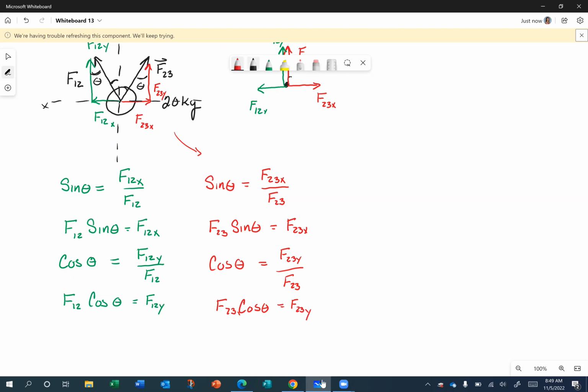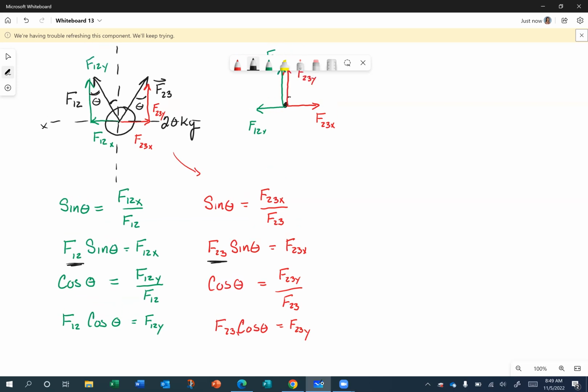So what we can conclude here is because f(1,2) equals f(2,3), because they are the same masses and same distances, their values of the force should be the same. These two are equal. If those two are equal, that means the x components are equal, and those two will cancel out.